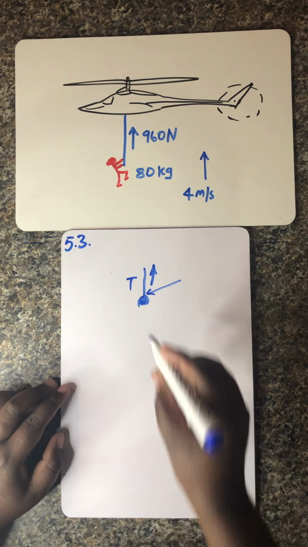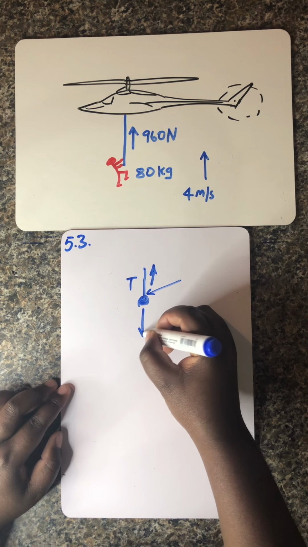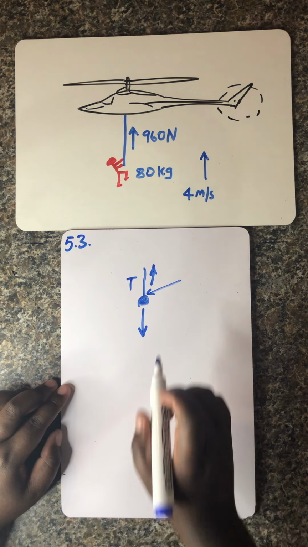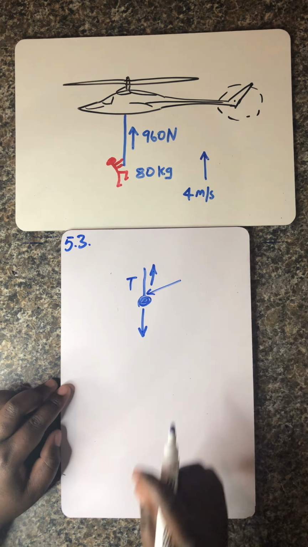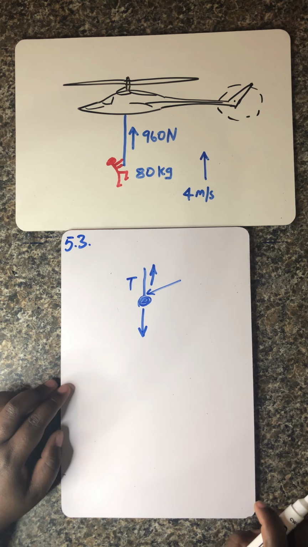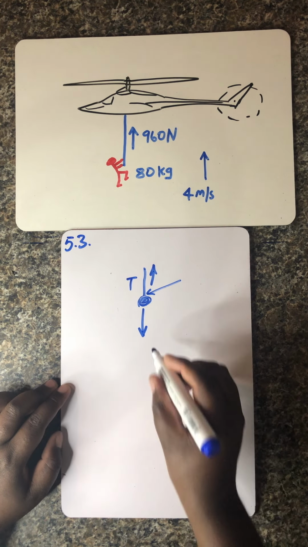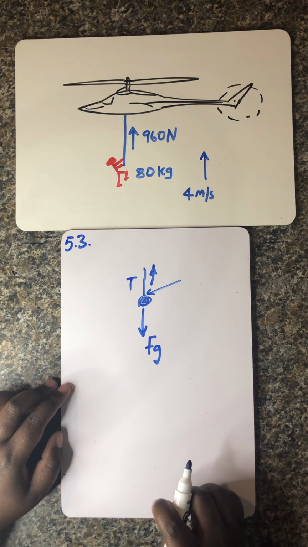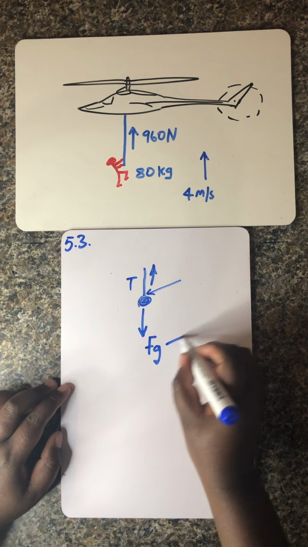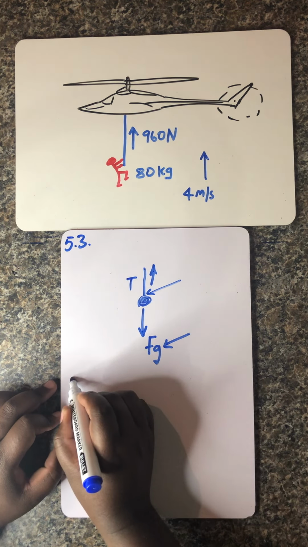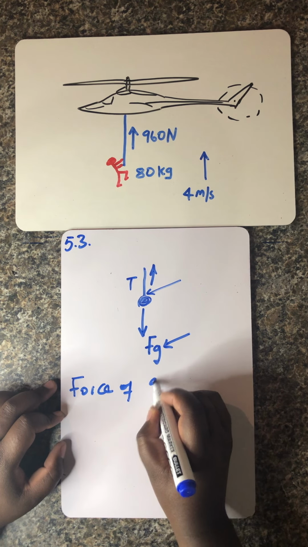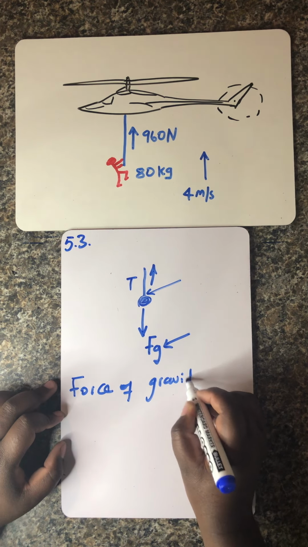So there's that force which is not in contact with that object. I know each of you knows that force: obviously it's force of gravity. But please do write down the name. Do not just write it in that way. Just say force of gravity.